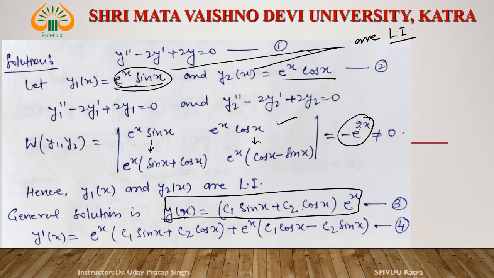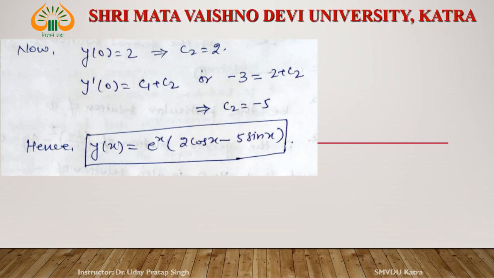Now apply the condition that is given: y(0) is equal to 2 and y prime (0) equal to minus 3. Putting x equal to 0 in the above equation, we get C2 equal to 2.